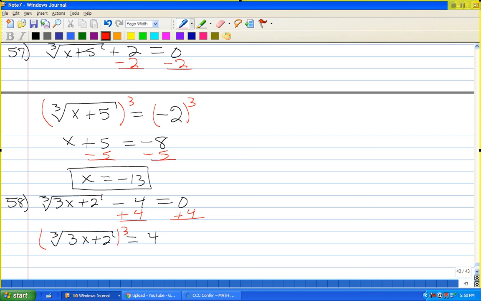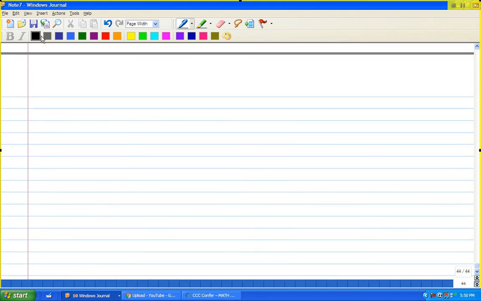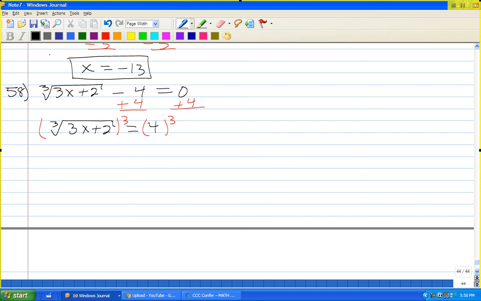Cube both sides of your equation. And so 3x plus 2 is equal to 4 cubed, which is 64. Subtract 2.